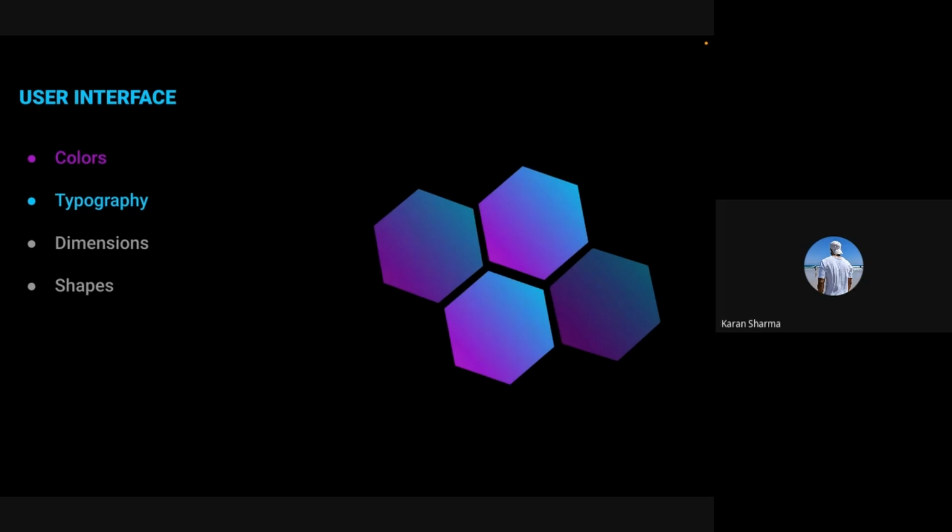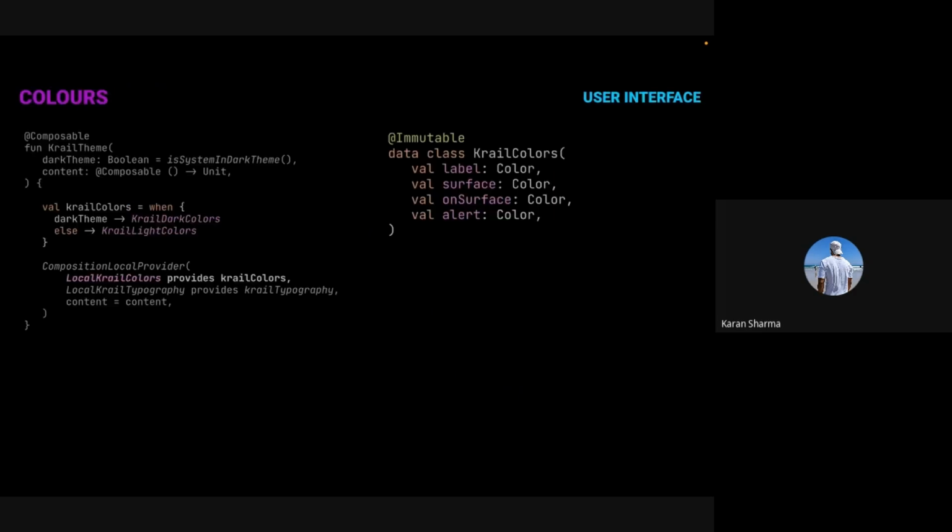So we have design tokens for that. Let's look at that. For colors, we have a data class that has a couple of design tokens such as label, surface, on surface, alert, and a couple of others. It's not too advanced, but it works. We provide the dark mode colors and the light mode colors separately, using the composition local provider.